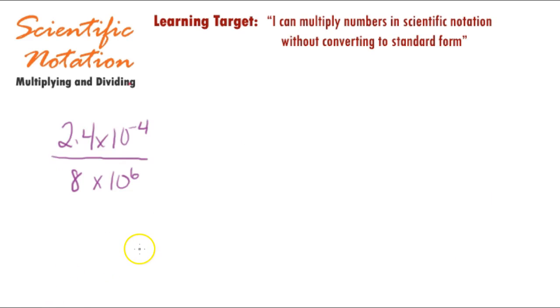Alright, here's the last example we're going to do together. And this time, when I'm dividing, the number 8 that's going into 2.4 is bigger. So just keep in mind that's certainly possible. Don't just switch it because it works better the other way. It actually works very well this weird way.